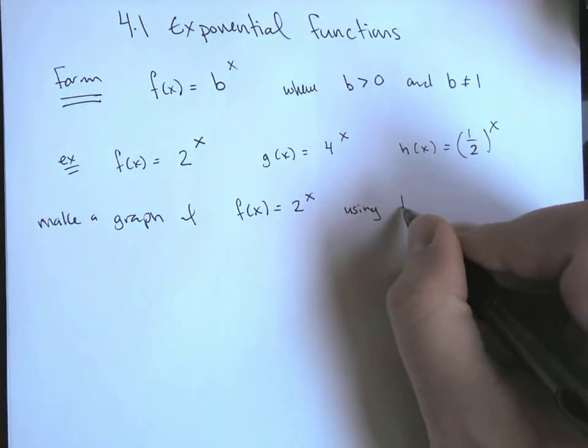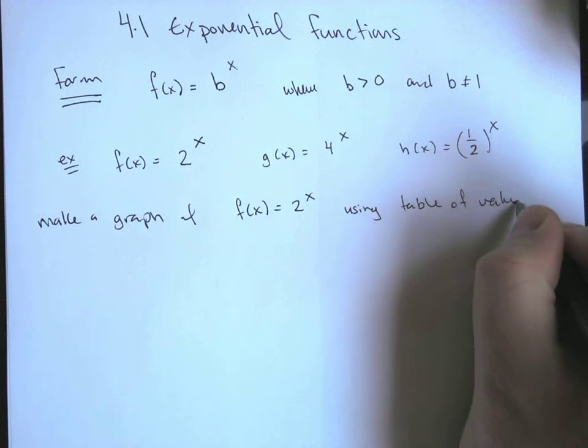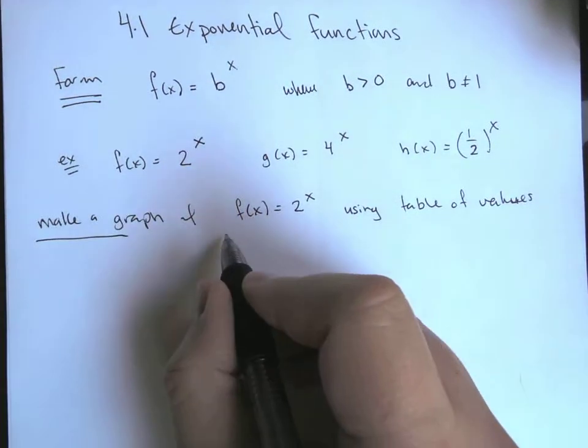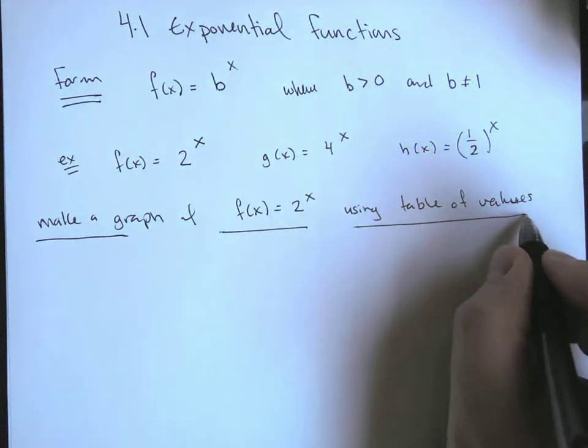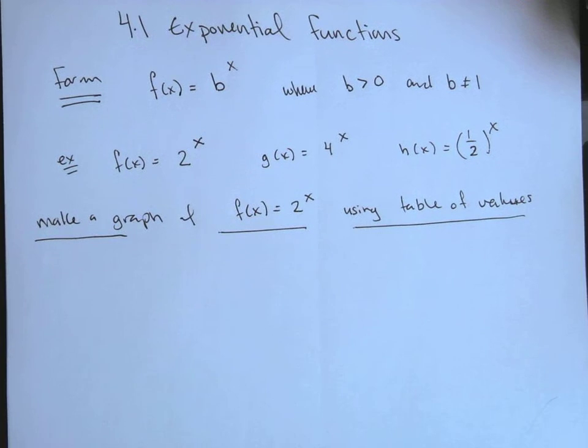And let's just use a table of values, just to visualize what this example function is going to look like. And then we'll see how much we can generalize that to other examples where the base value is something different.